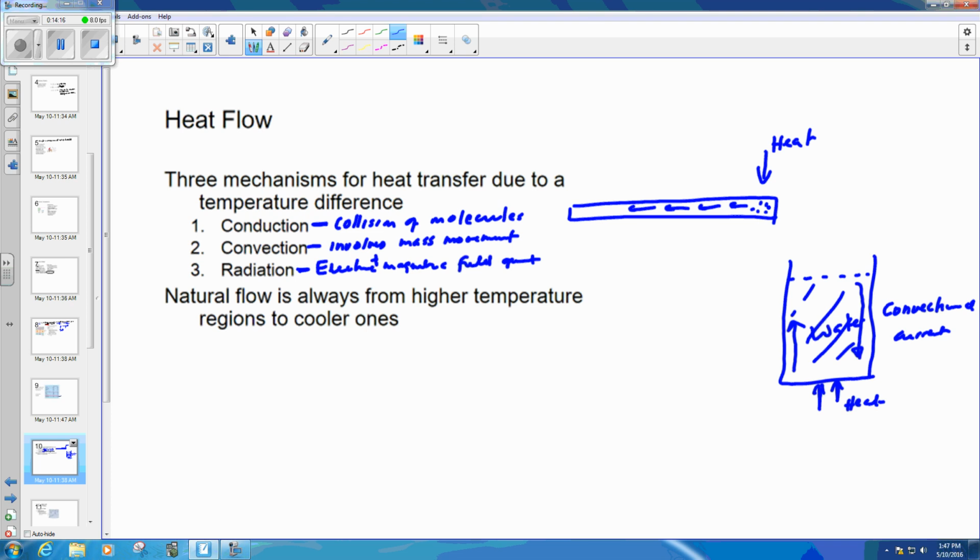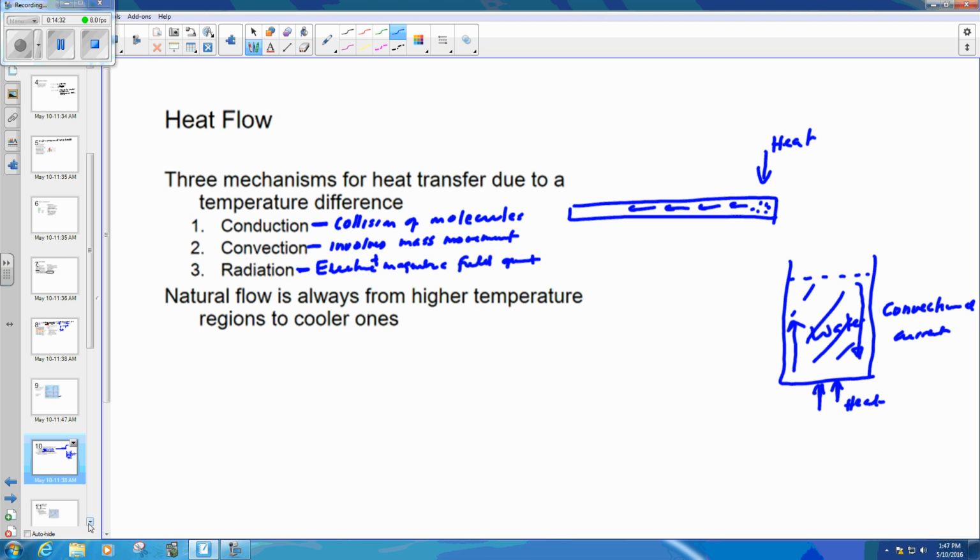And this doesn't require any medium because they are self-generating. Note, the natural flow of temperature is always from higher to cooler regions.